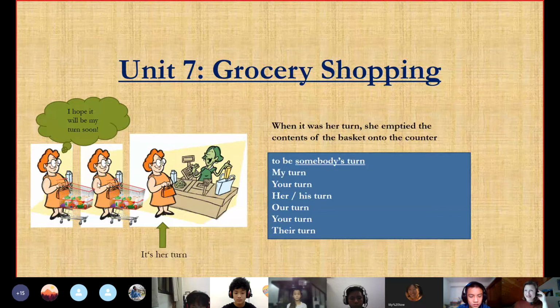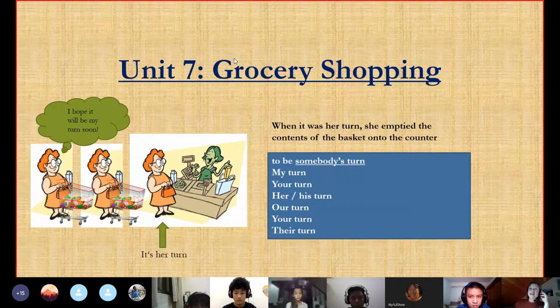Okay, so let's read the sentence together. When it was her turn, she emptied the contents of the basket onto the counter.